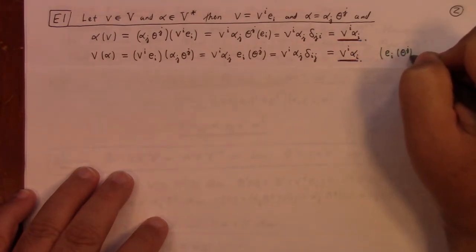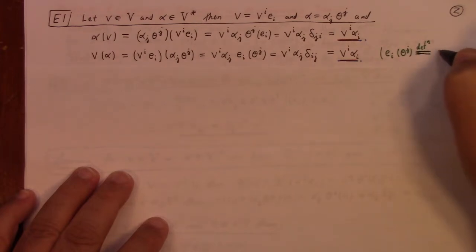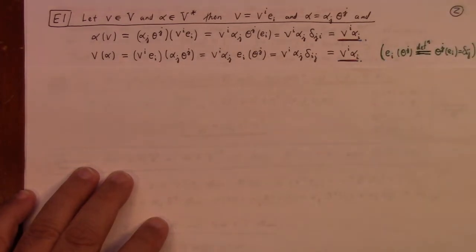This is a vector acting on a covector, right? By definition, and this is the identification of the vector space with the double dual that I was talking about a second ago, this is theta^j acting on e_i. And that, by definition, is the Kronecker delta. So that's what's missing in that line right there, that detail.